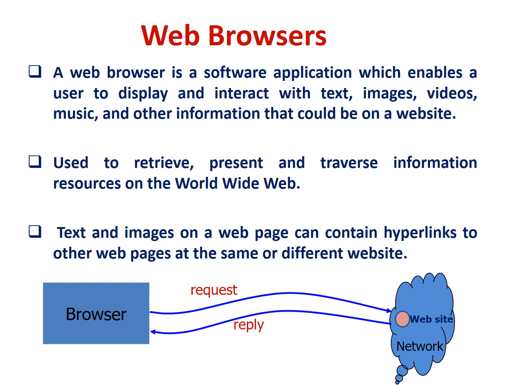This is the request which a user, with the help of a browser, sends to the website, and in return the website or the server sends back the reply, in the form of the information that the user needs.